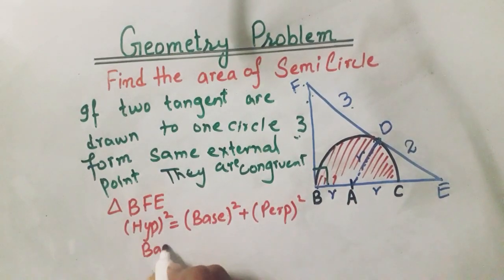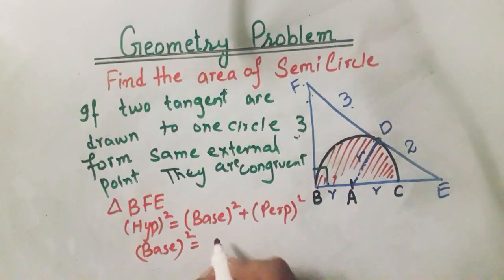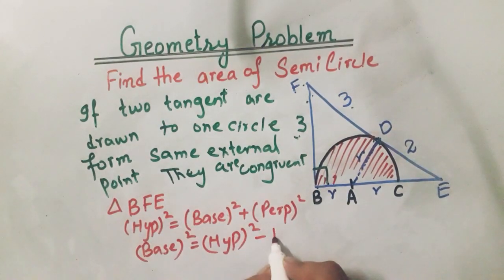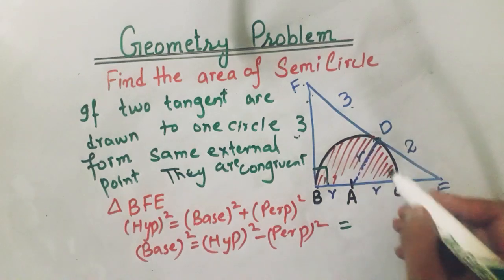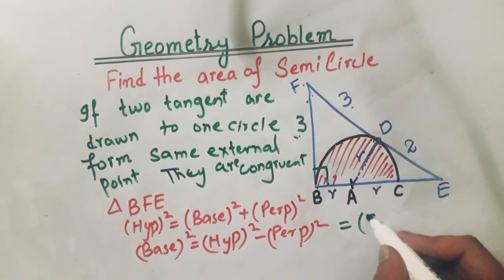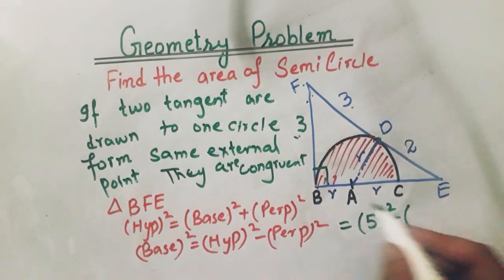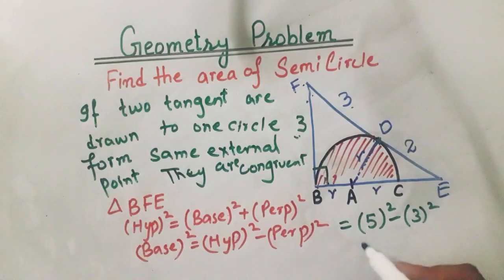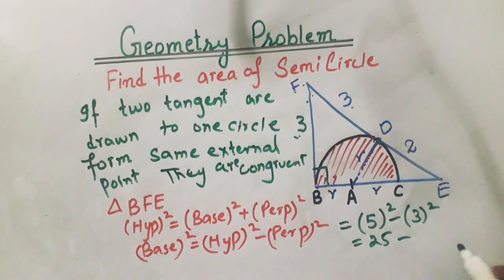So base square equals hypotenuse square minus perpendicular square. You know that hypotenuse is 3 plus 2, that equals 5. So 5 square minus perpendicular, that is 3 square. So 25 minus 9, that is 16.